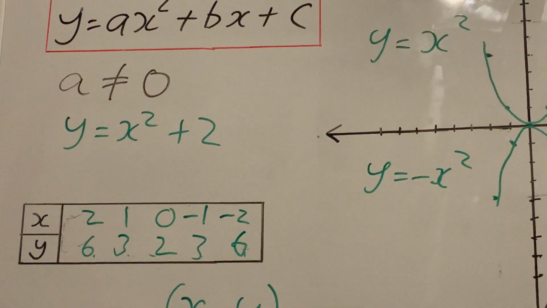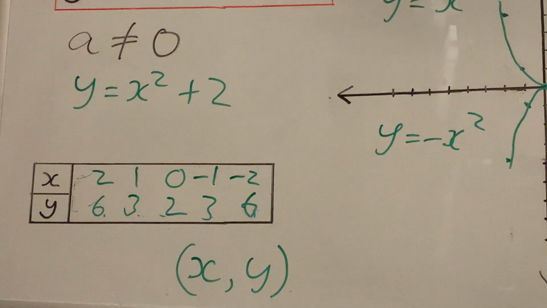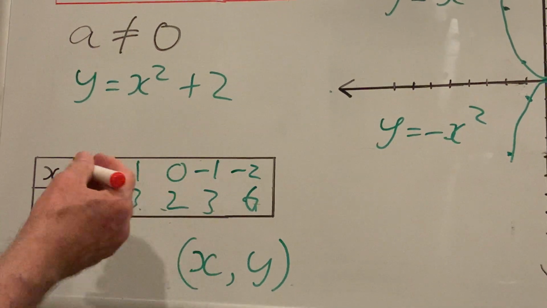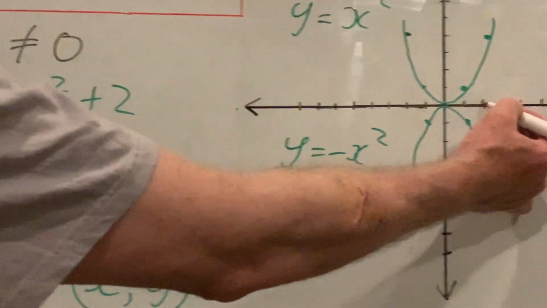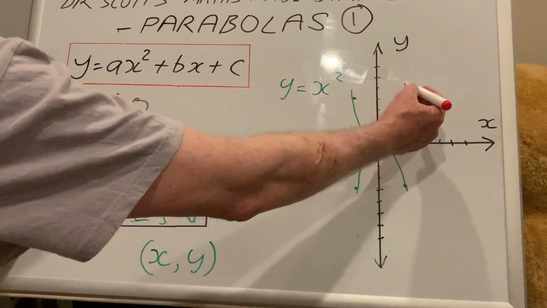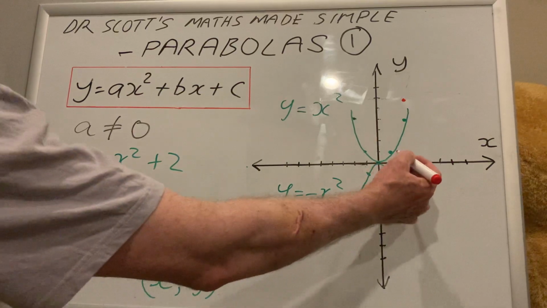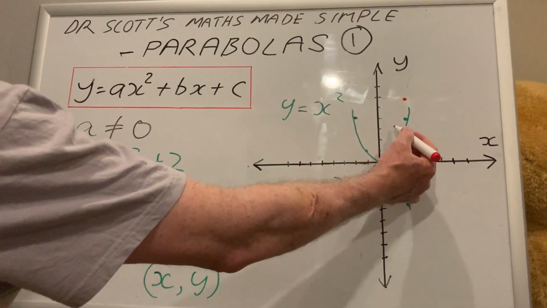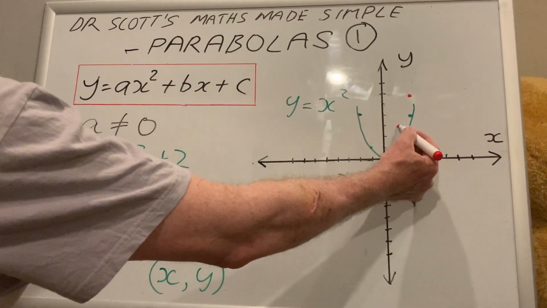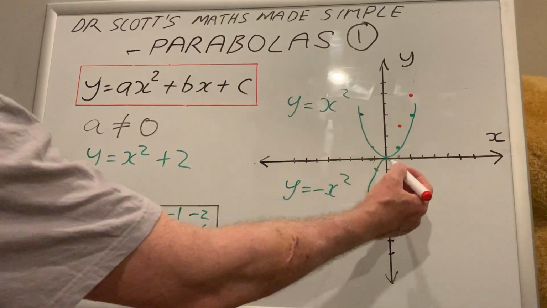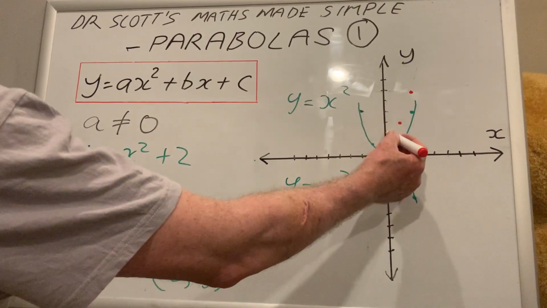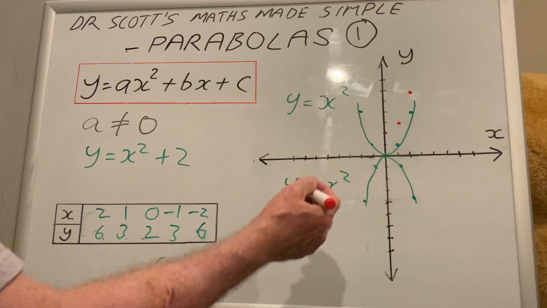So this time, I'll show you in red, we end up with 2, 6. So 2 and 6 up here. And then 1, 3, x is 1, y is 3, and then 0, 2, so x is 0, and then up 2, so it goes through here.